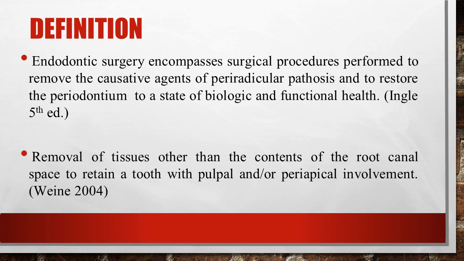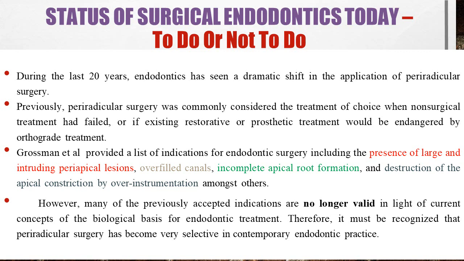Your causative agents for periradicular pathosis are bacteria and the byproducts of the bacteria, that is the toxins, and you want to restore the periodontium to a state of biologic and functional health. So you wish to clean the area, make it sterile, remove all the granulation tissue which will be formed as a result of the byproducts and toxins of the bacteria, and restore it to biologic and functional health. Okay.